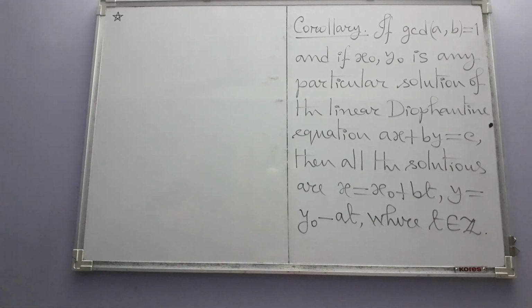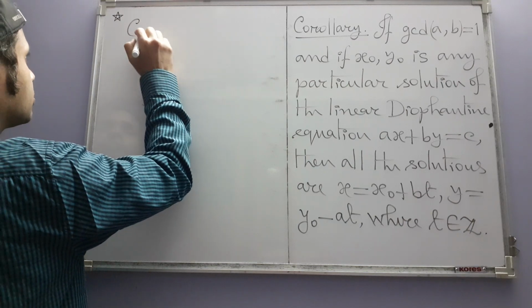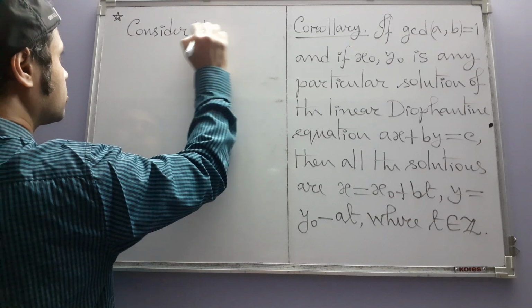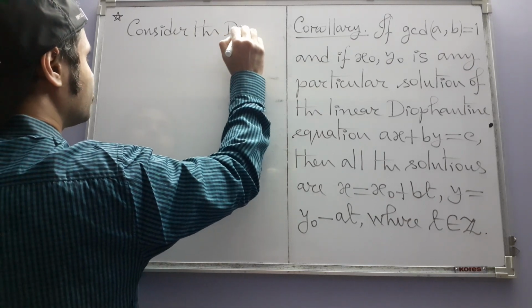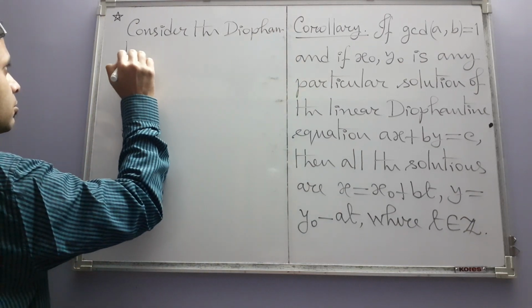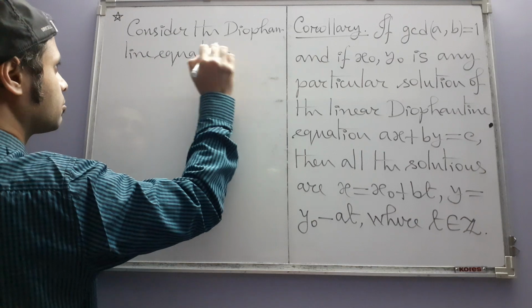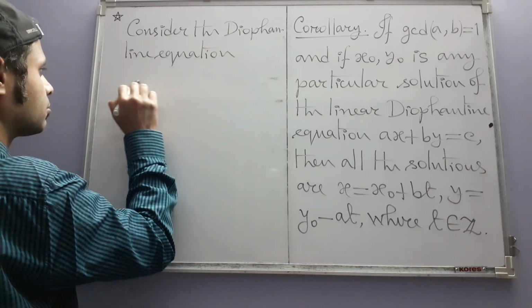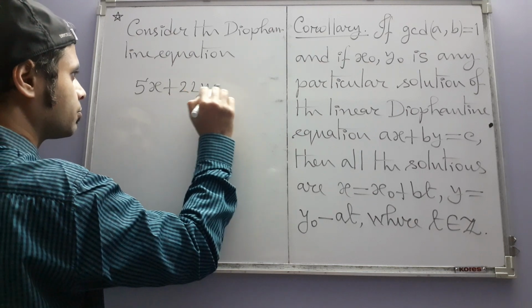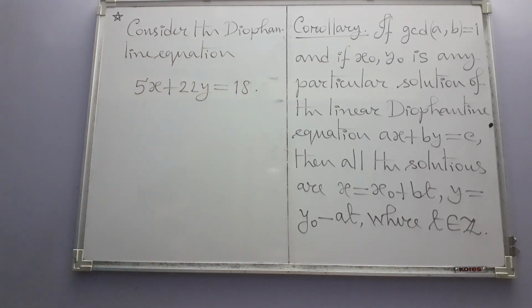And that example is this. Consider the Diophantine equation 5x plus 22y equal to 18.